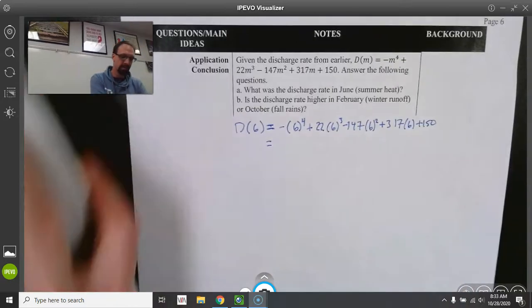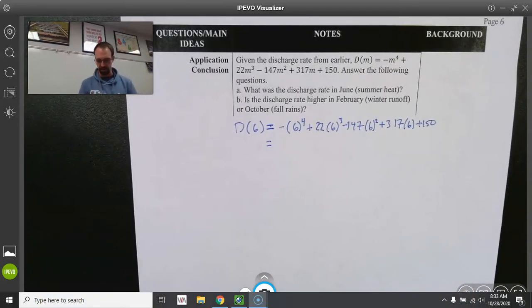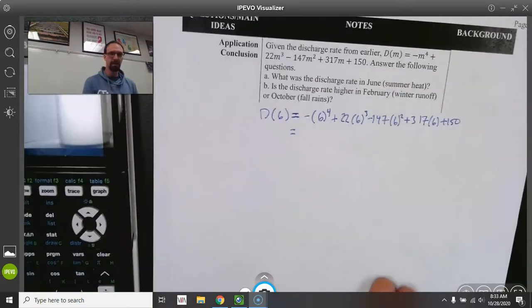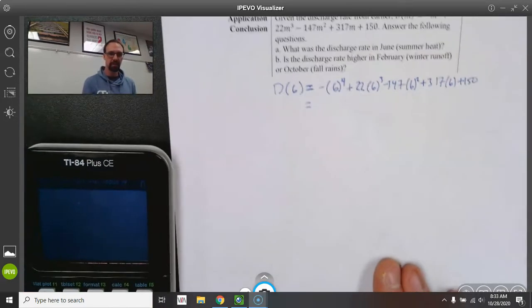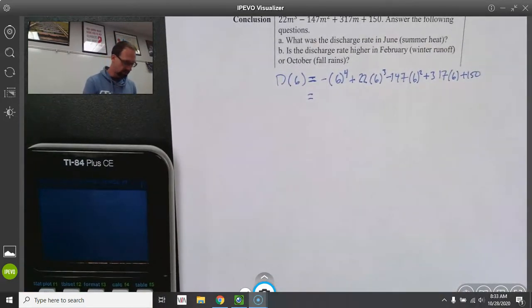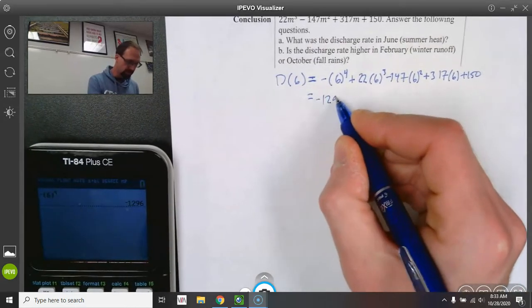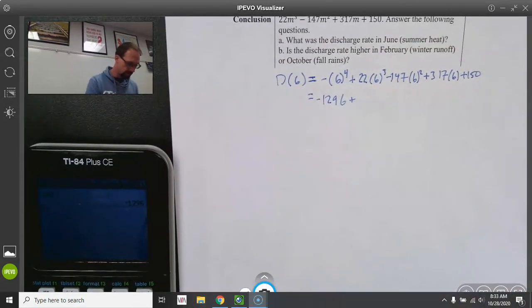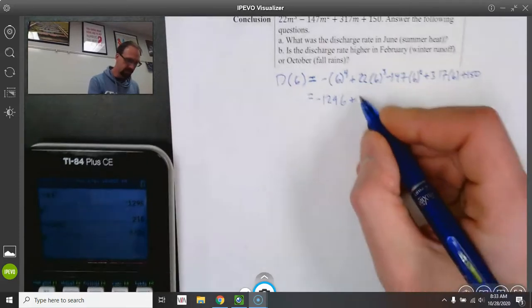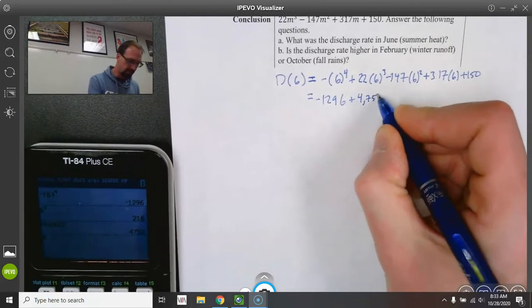I don't know negative 6 to the 4th power off my head. I did at one point. So I'm going to grab my graphing calculator here and just do parentheses, negative 6 to the 4th. So that's going to be negative 1296 plus 6 cubed is 216 times 22, so that's going to be 4752.